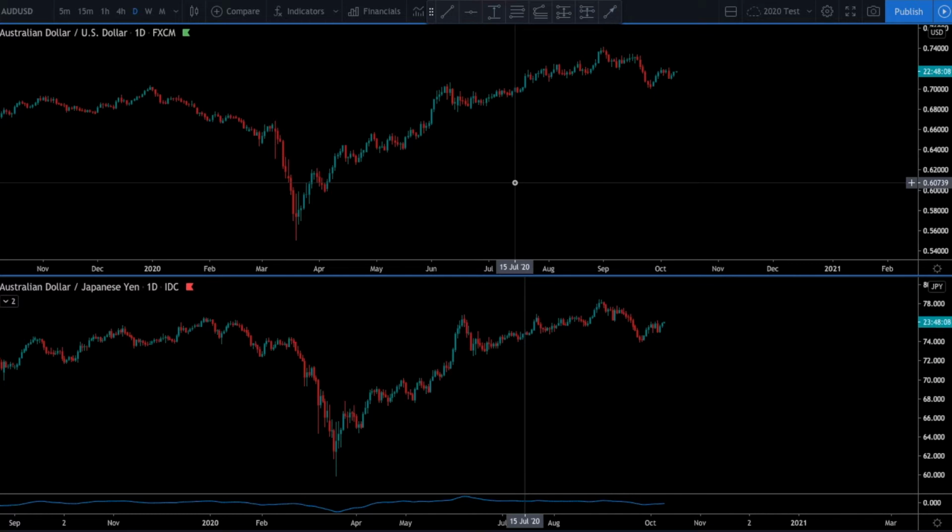So you will be risking more because the trades mirror each other. If one trade goes for a profit, the other will go for a profit. If one trade goes for a loss, the other will go for a loss, because they're highly correlated. So you just need to be aware of which pairs are highly correlated. That way you're not risking more money on that position than what you want.